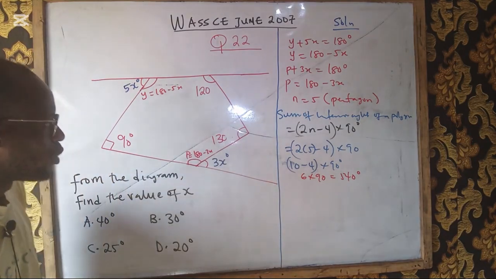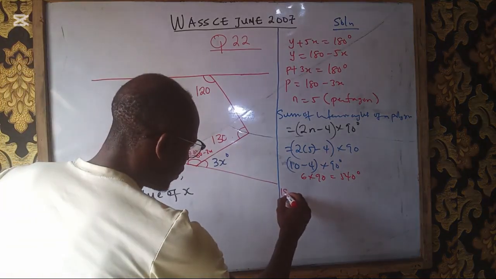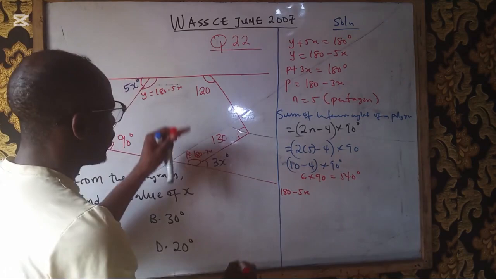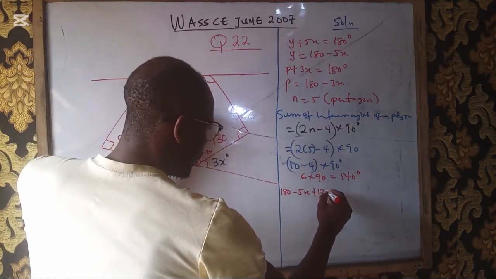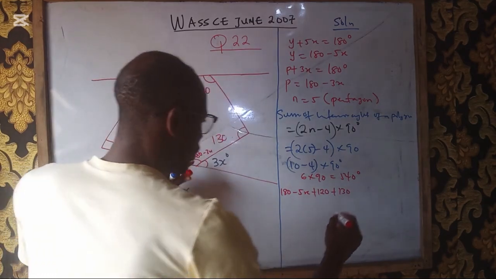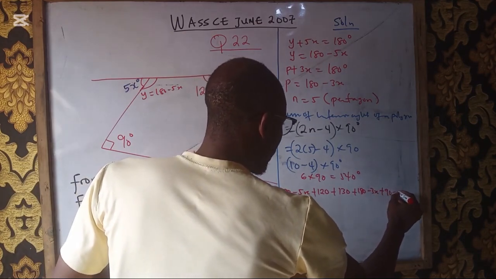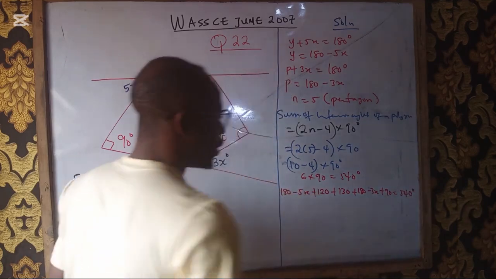So let's sum all the angles together. In that case, we are going to have 180 minus 5x plus 120 plus 130 plus 180 minus 3x plus 90, everything equals 540 degrees.